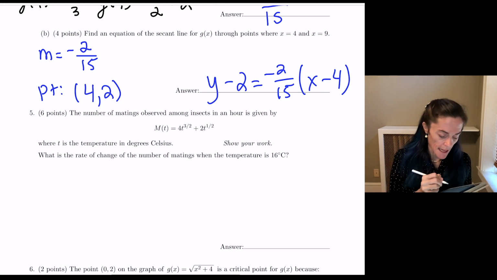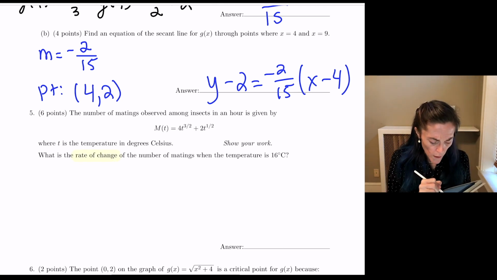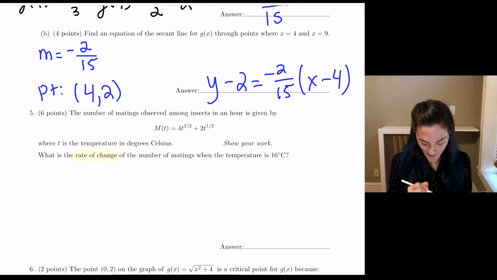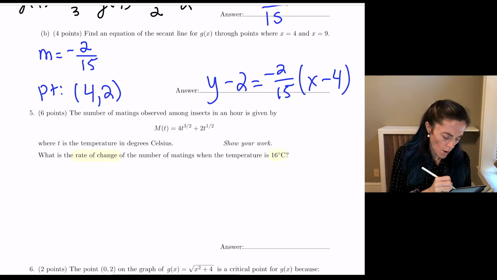So the first thing that's important to read is we are calculating a rate of change. This says we are calculating a derivative. Well, then we want the rate of change at 16. So what we want here is m prime of 16.